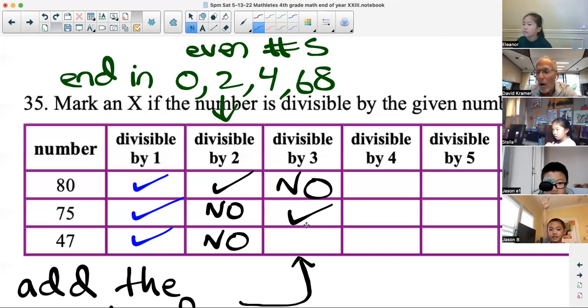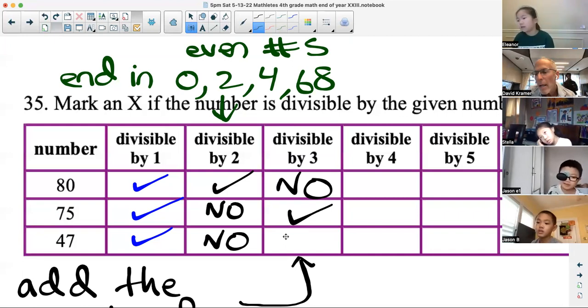Now, how about 47? Jason, is 47 a multiple of 3? Remember, you have to add 4 plus 7, Jason. 4 plus 7 is 11. Is 11 a multiple of 3?